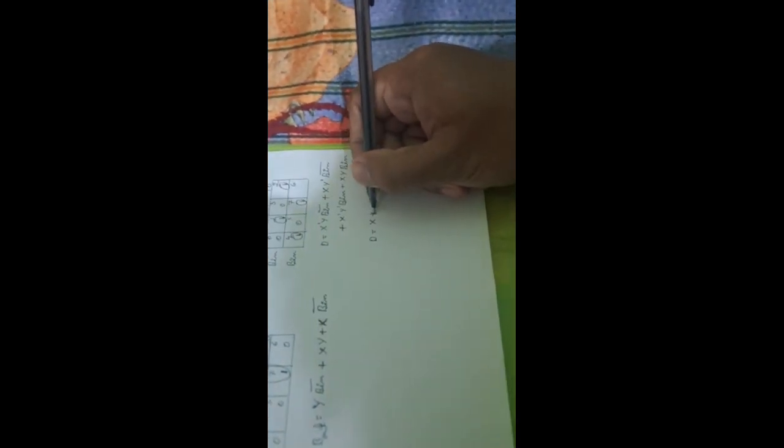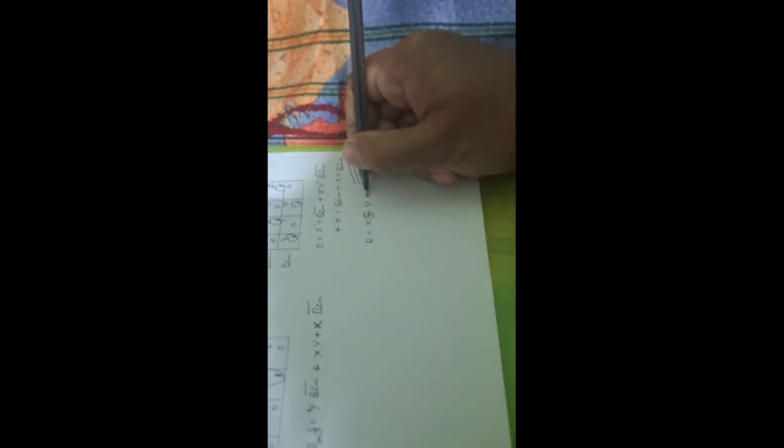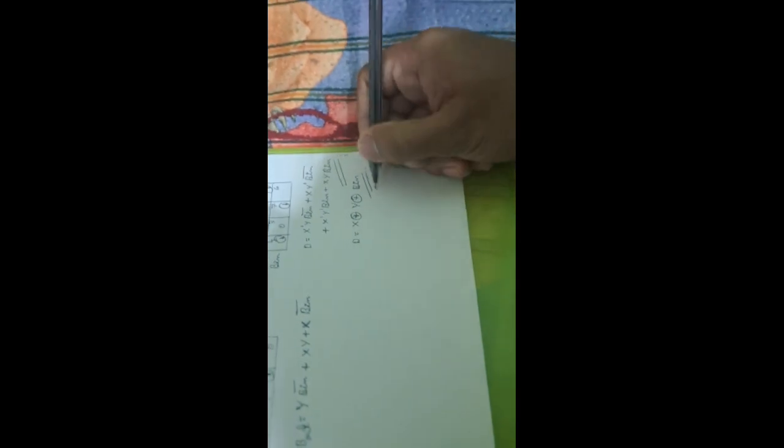This is the required expression of borrow out and D. We shall simplify D as D is equal to X plus Y plus borrow in. This is the required expression.